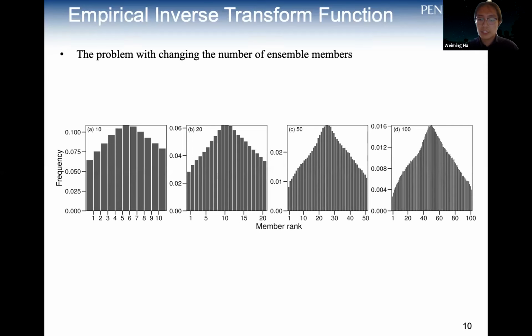Usually, if you have an over-dispersed ensemble, the first thing people will think of is that you have too many members in the ensemble, because the more members you have, you tend to have more variation and the spread is going to be larger. So usually, if people have an over-dispersed ensemble, one thing they can do is reduce the number of ensemble members.